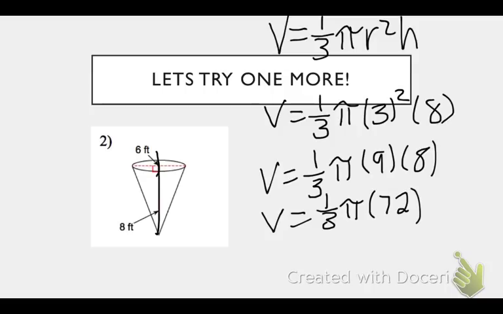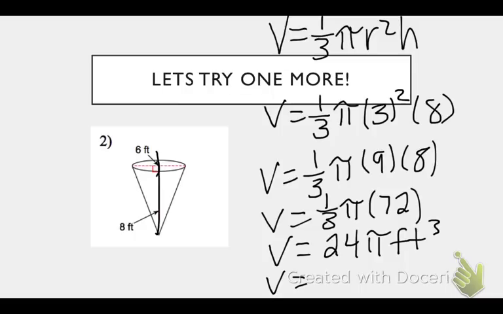Divide 72 by 3, and I get volume equals 24 pi feet cubed. And then my last thing, I just multiply 24 times pi. So I get 75.398.